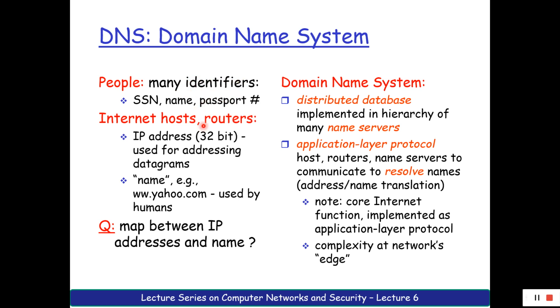But when you consider hosts or routers, what is meant for identification for them? Their identification is the IP address, that is IPv4, which is 32 bits long, correct? So if you want to remember the Google server, you actually have to remember its IP address. Whether we can remember all the IP addresses?